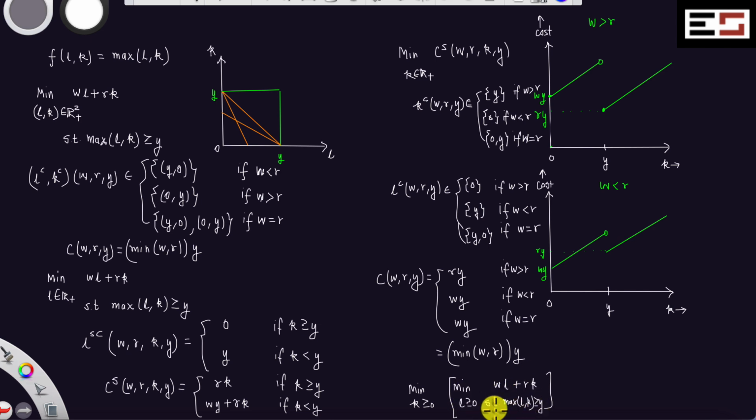First you're solving this problem, which is the short run cost minimization problem, and then whatever objective you obtain, you minimize that with respect to capital. So it's just another way of solving the long run cost minimization problem. So it is not surprising that you get the same solution as the one that you obtain by solving the long run cost minimization problem directly.